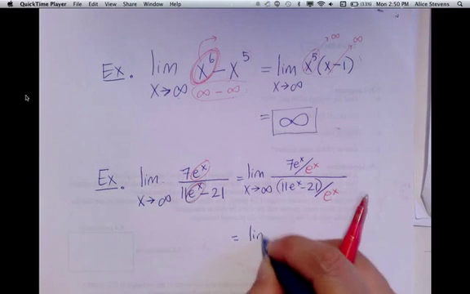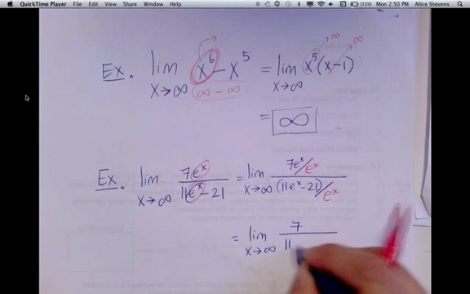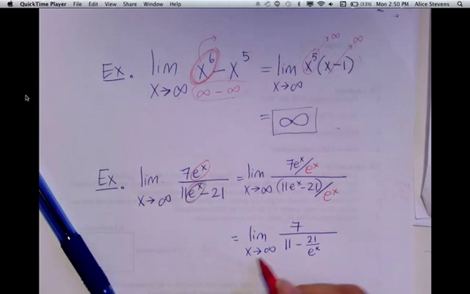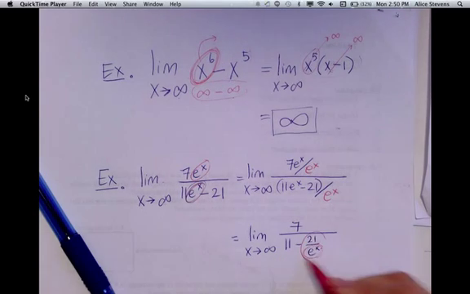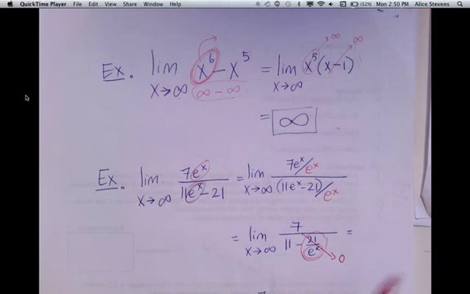This gives me, and now I can see that as x approaches infinity, this grows huge, so this quotient is approaching 0, and my limit is approaching 7 over 11 minus 0, which is 7/11.